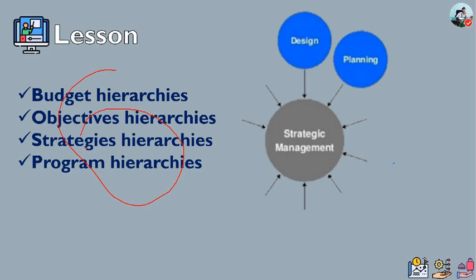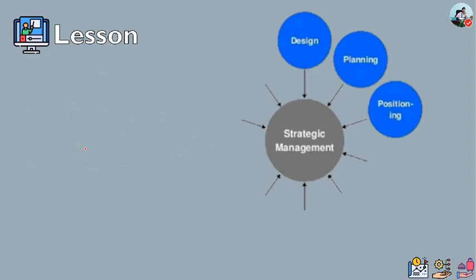This school highlights planning as a formal process driven by the top management team of firms led by the CEO, or the Chief Executive Officer, and the strategies appear as a result of this process. So that is the school of thought on planning.